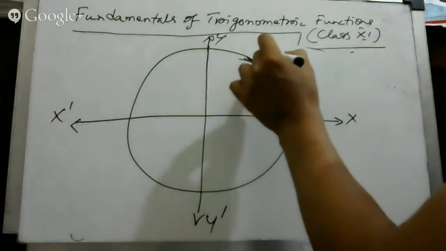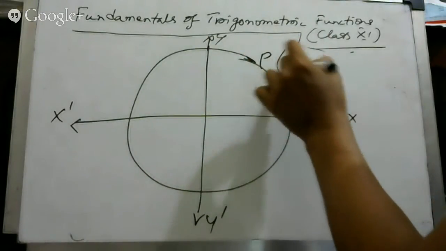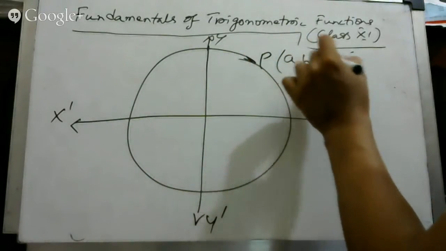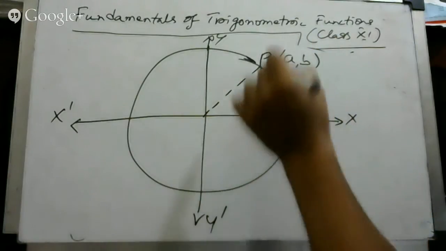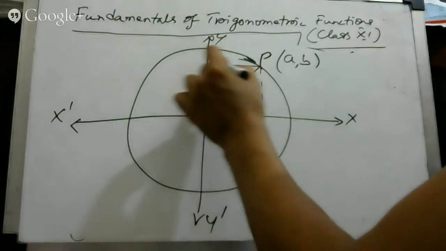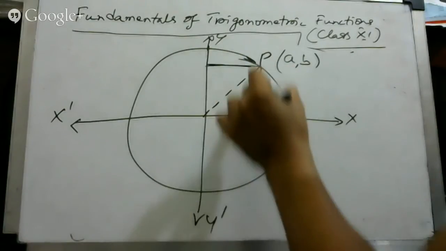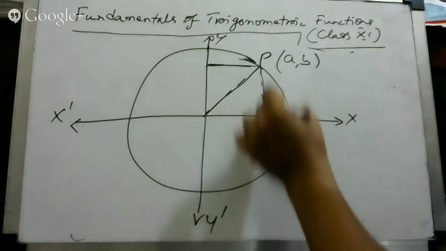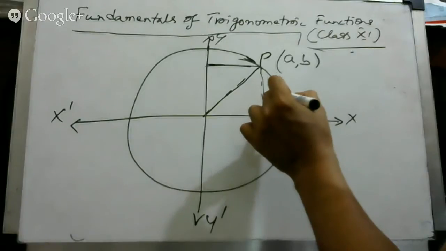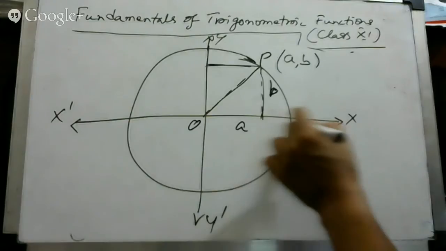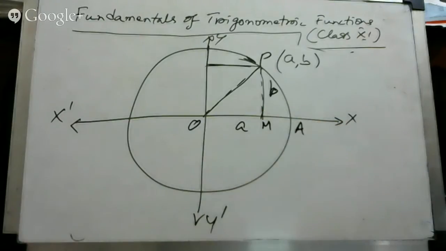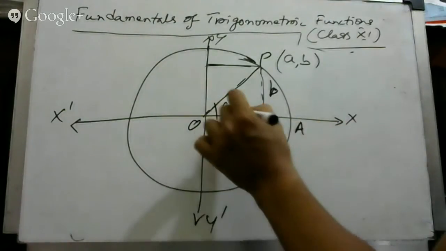Suppose there is a point P having a and b as the coordinates. So a is on x. So this distance, sorry, this is b and this is a. This is O. This is M. Right? And this is the angle theta.